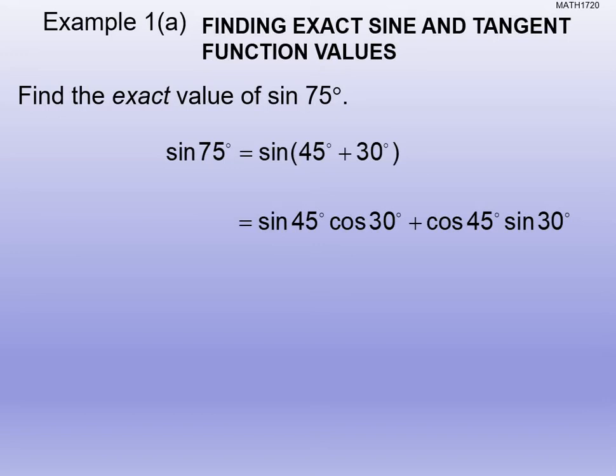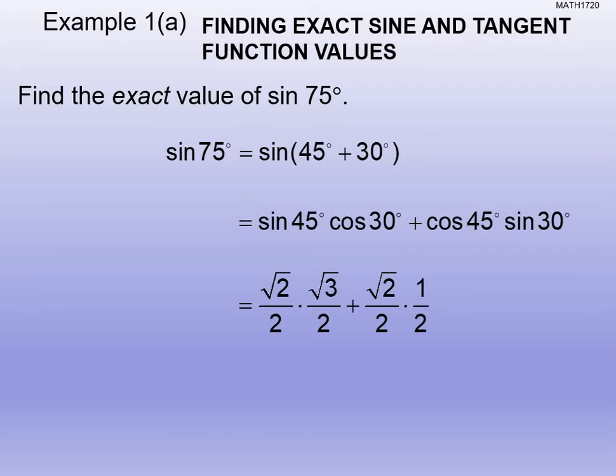Then using your unit circle, we've been working with these a lot, we should know what these triangles break down into. So we can replace sine of 45 with square root of 2 over 2. We can replace cosine of 30 with square root of 3 over 2. Plus cosine of 45 is square root of 2 over 2, and sine of 30 is 1/2.